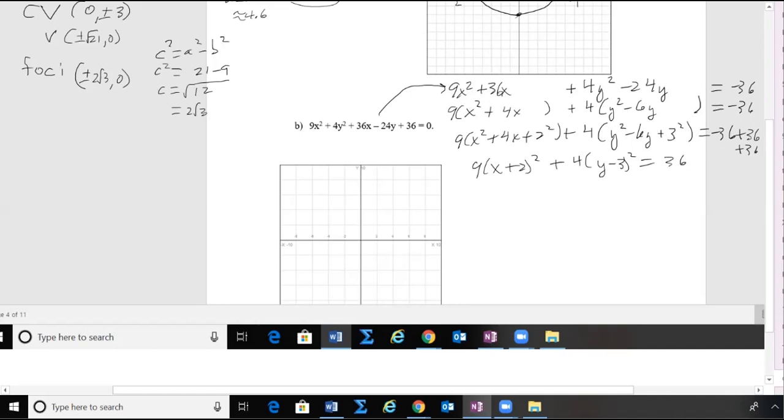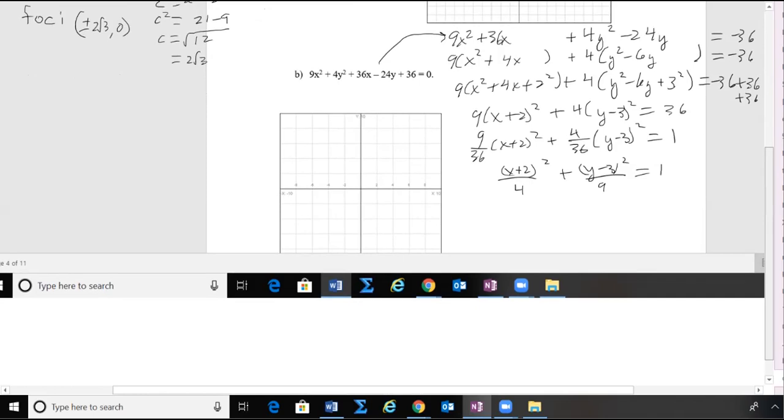Okay, almost done. Divide by that 36 to get the 1. So you'll have this, and this will reduce to x plus 2 squared over 4, and y minus 3 squared over 9. So now you can see what we have in front of us.